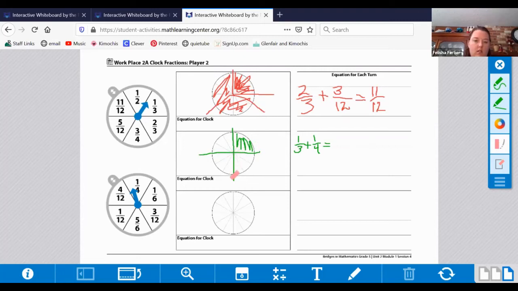Erase those extra lines. Whoops. Okay, and then 1/3 goes like this. But I need to fill one in from there. So there's 4 in the wedge. So I'm going to put one of them up here and then fill in 3 for the rest of it.